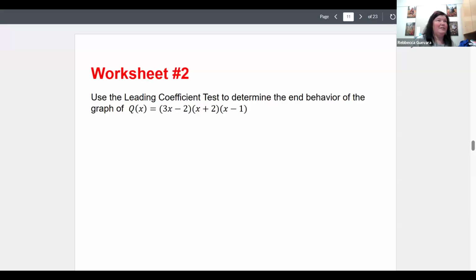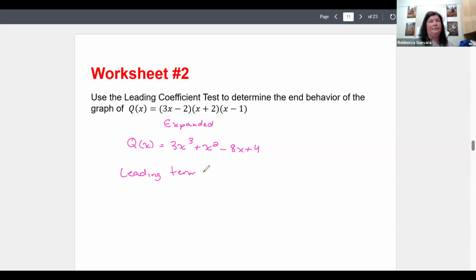So I'm assuming that some of you just expanded. If we expanded this, what you should end up with is q of x equals 3x cubed plus x squared minus 8x plus 4. So we see that my leading term is going to be 3x cubed.